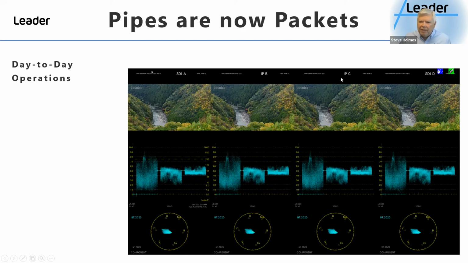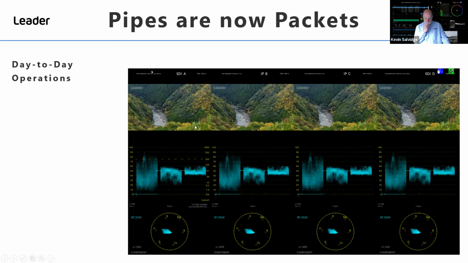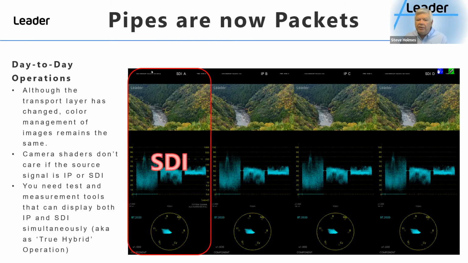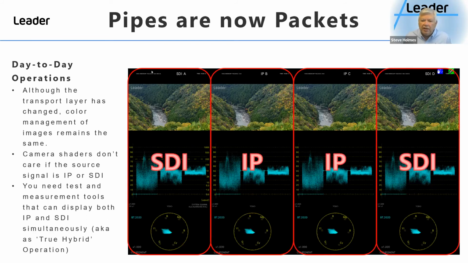I could look at it some other place within my network and then look at it if it was being converted right back to SDI, and make sure that coming in from SDI, going all the way through my network, coming back out as SDI, nothing has changed any aspect of that video. So we can see those pieces all the way through what's going on here.